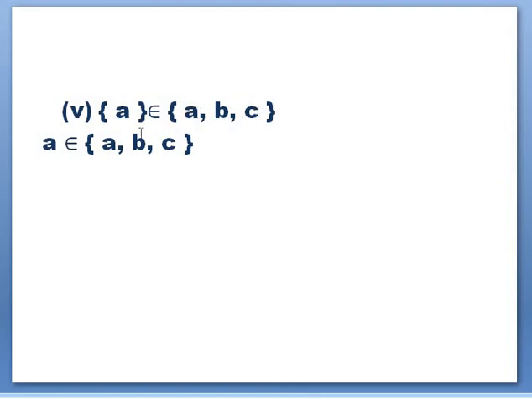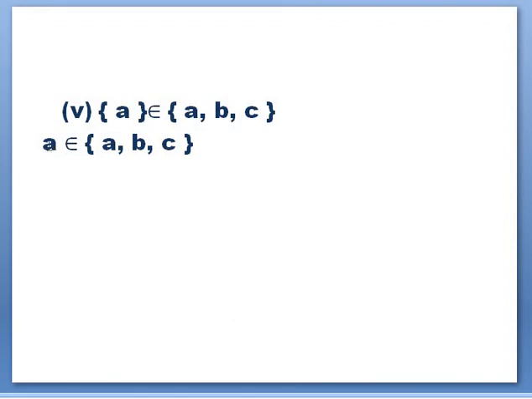And in the next example, it is given that, see, here there is a difference. This one is under curly brackets, but this is without any bracket. So if I write A without any bracket, this means it is an element of that particular set.